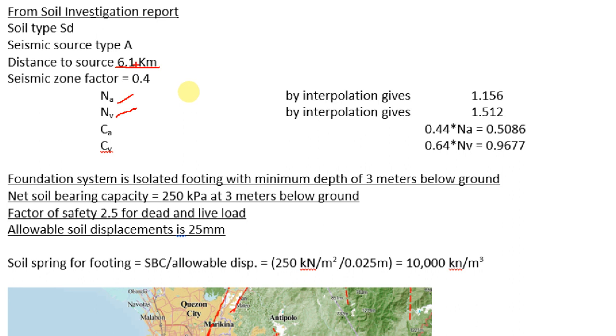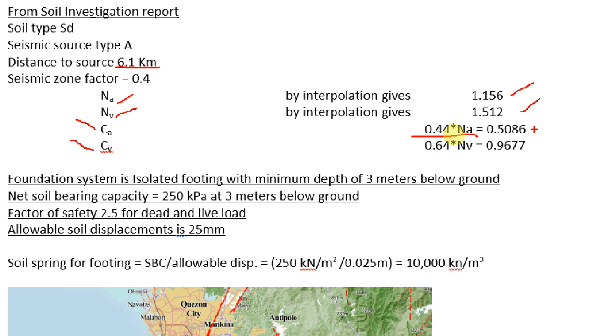Then for the seismic response coefficient factor, this is CA and CV. This is 0.44 of NA. This is 0.5086 and 0.64 of NV yung CV. Okay. That is 0.9677.